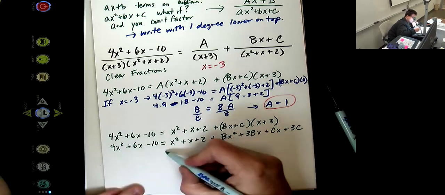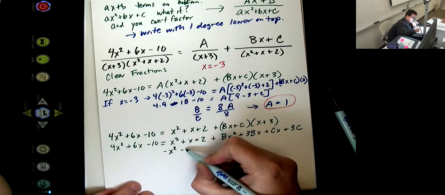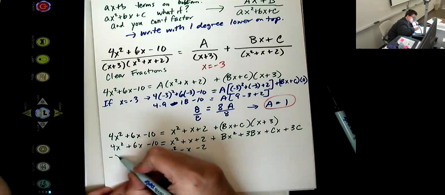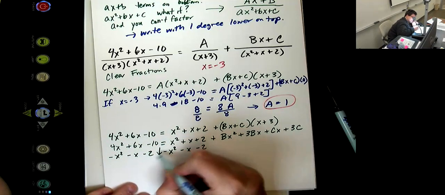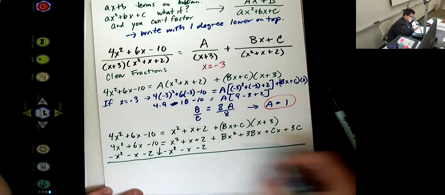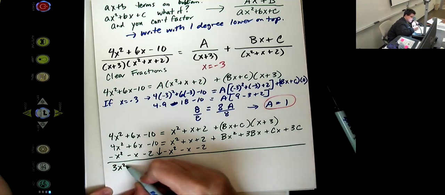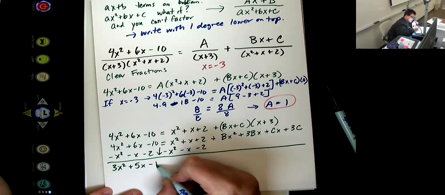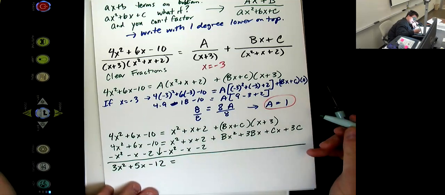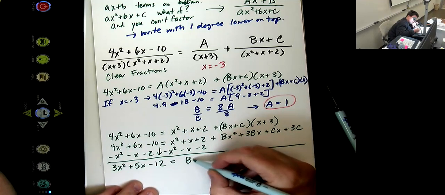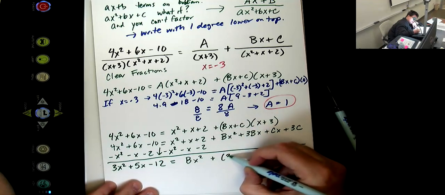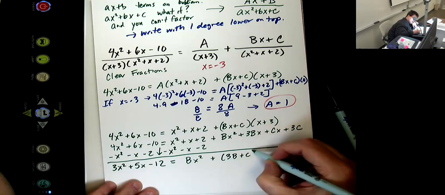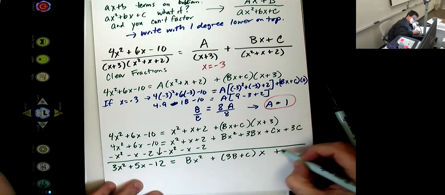You may find it easier to subtract the x squared and the x and the 2 over to the other side at this step. I've got bx squared plus 3b plus c times x plus 3c.